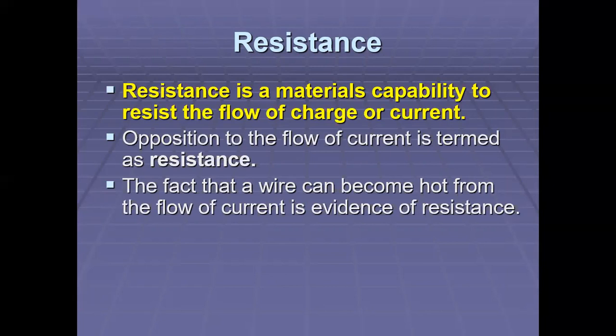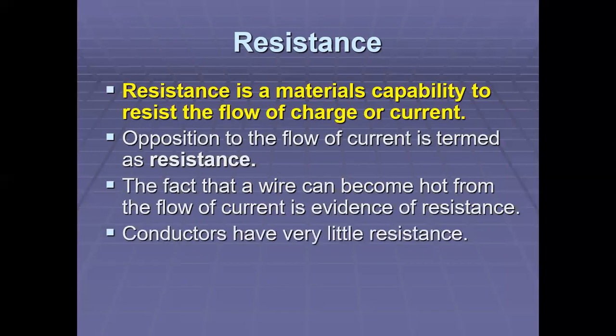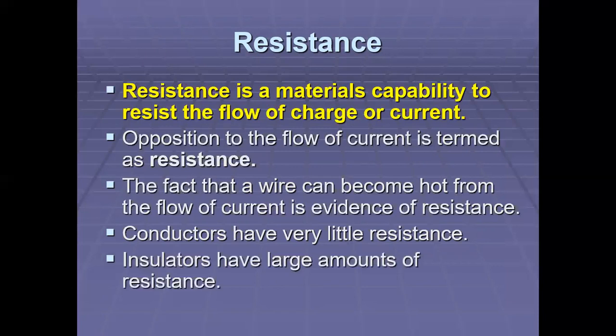When current flows through a cable or wire, it becomes hot. That's why our light bulbs give us light and become hot. This is the evidence that there is resistance and current flowing, so there is friction, and due to that friction, there is heat or light. So conductors have very little resistance, while insulators have a large amount of resistance.